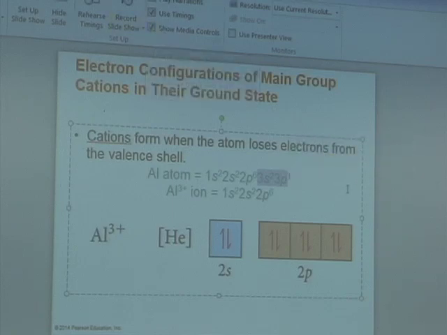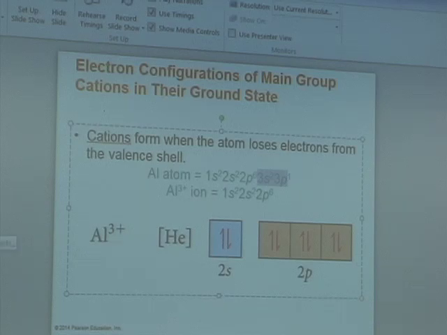And so then you have 1s2, 2s2, 2p6, or as you write it with the helium core shell, then 2s2, 2p6. So any questions there?